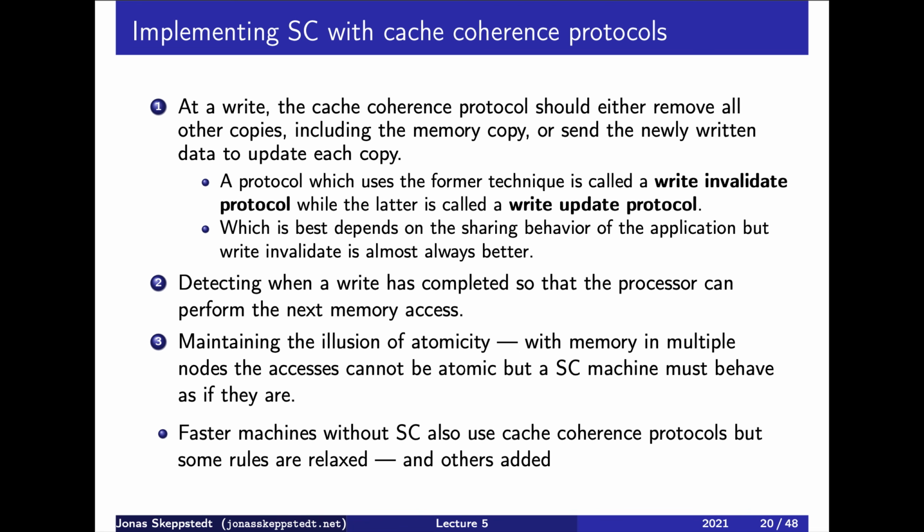So if we have this chess-looking big machine with 64 nodes and different times for communicating between different nodes, depending on, of course, how close they are to each other and how much other activity is happening on the communication links in that part of the machine, then there will be overlapping accesses, but the machine must behave as if they are not.